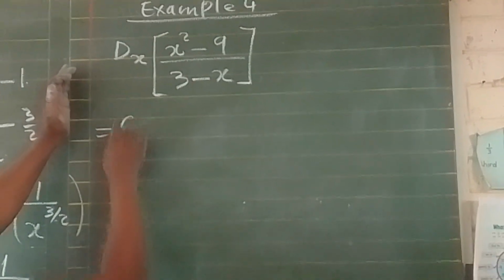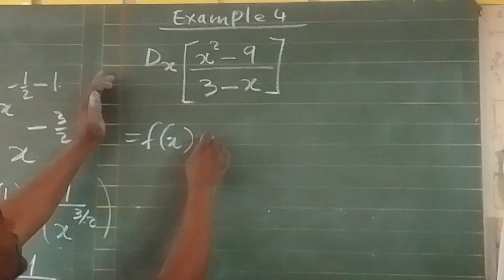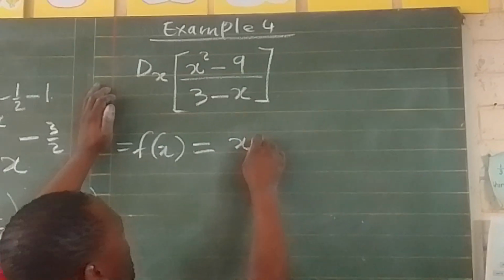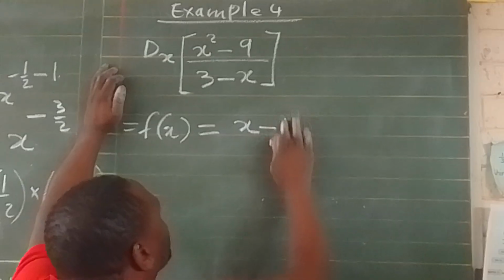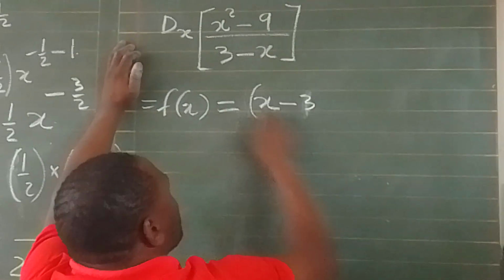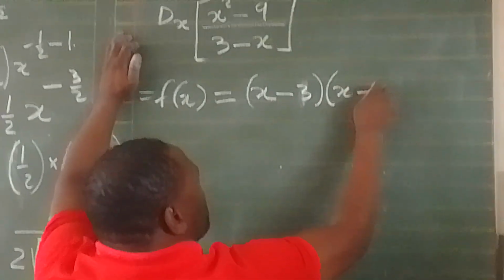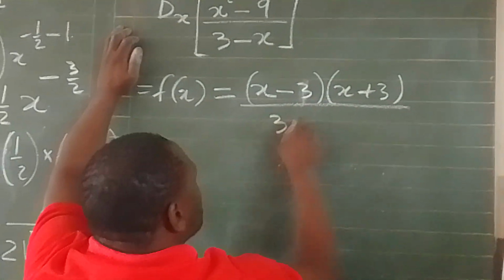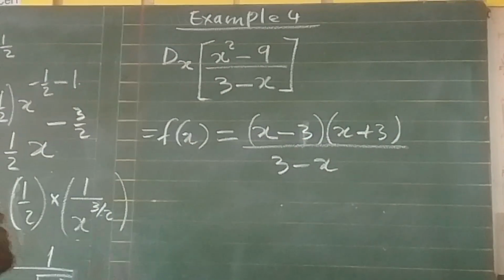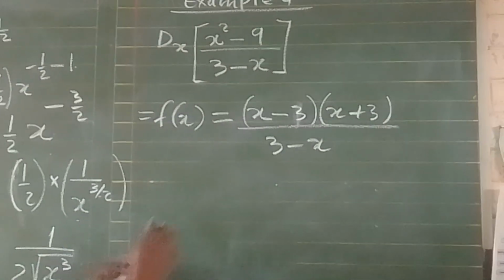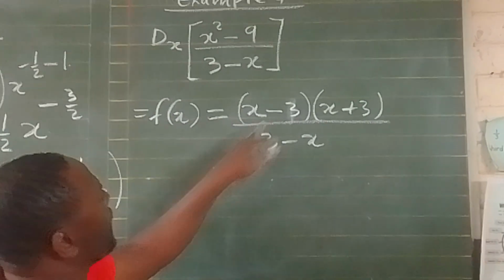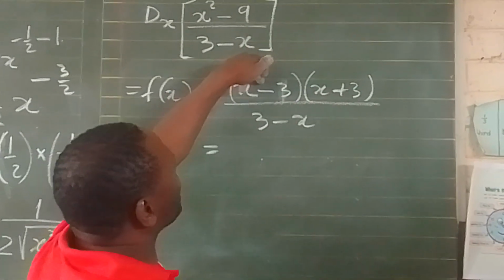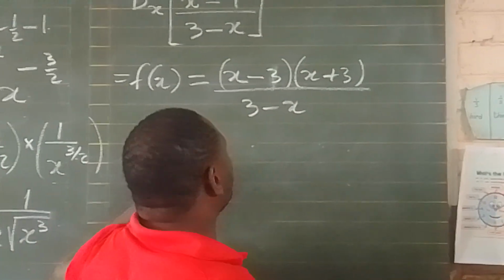So you are going to say this is f of x is equal to, now you say x minus 3, x plus 3, all over 3 minus x. You see now? Right, now that we have 3 minus x and there we have x minus 3, we have to do something.